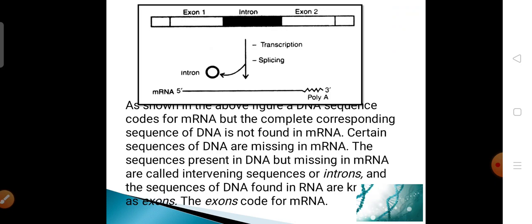Okay. So those regions of the gene which are transcribed into mature mRNA, which is going to form the protein, are called exons.